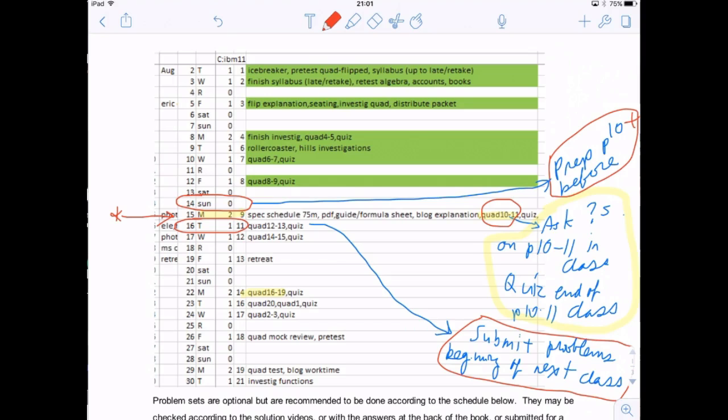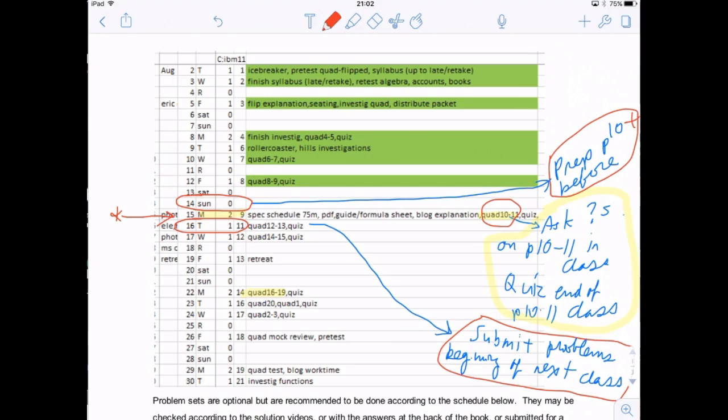Okay, so we are still going to do 2 pages, and I am going to do another activity, which is explaining the IB guide to you and the formula sheets, and talk about the blogs with the 30 minutes that we have extra.